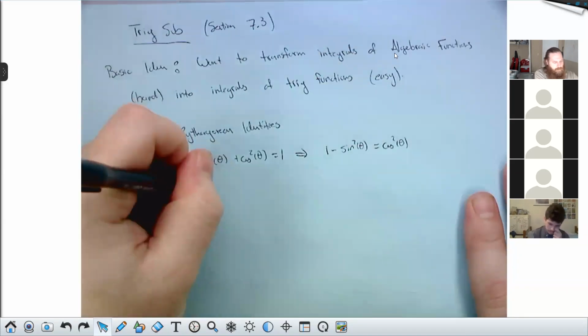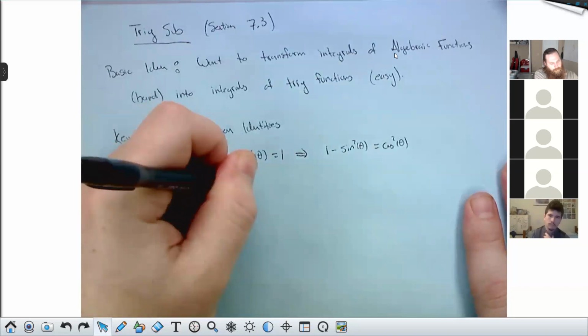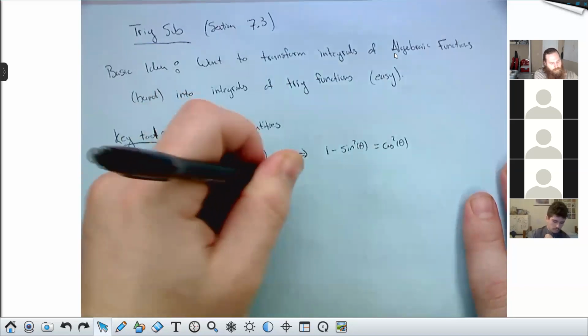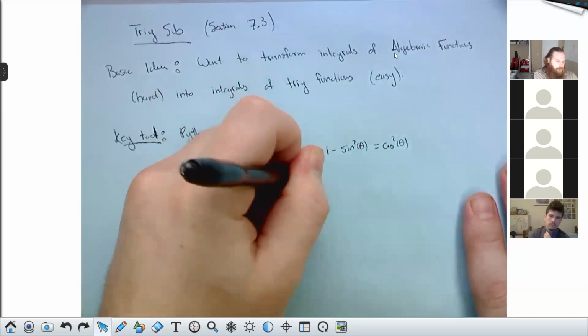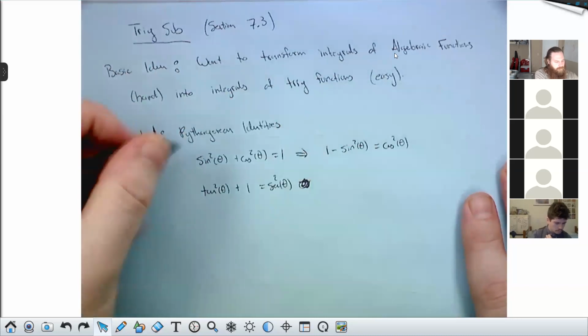And similarly, tan squared theta plus 1 equals secant squared theta, which we can just leave as it is.